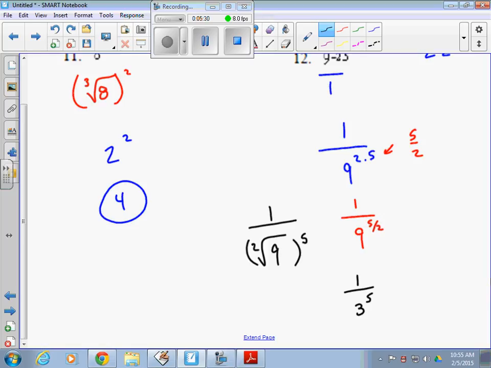And 3 times itself 5 times is 243. So 1 over 243. Again, really the only even remotely tough part is the fact that it was in a decimal form instead of being in a fraction form. 2.5 is the same thing as 5 halves.